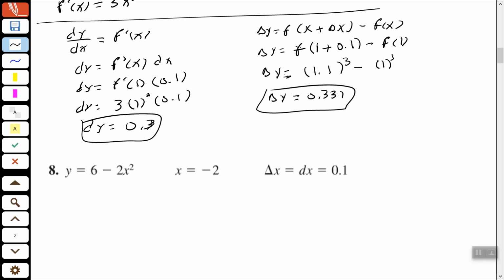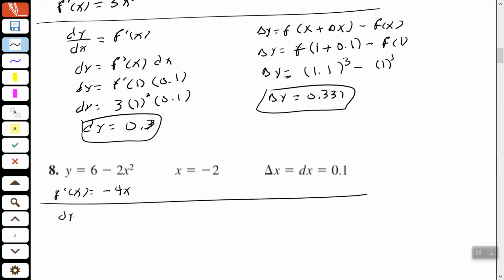So number 8 here, again, I would go ahead and find that first derivative. So f prime of x is equal to negative 4x. And we know f of x is equal to 6 minus 2x squared.